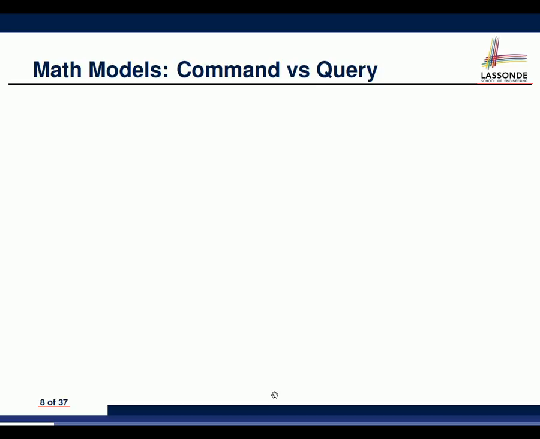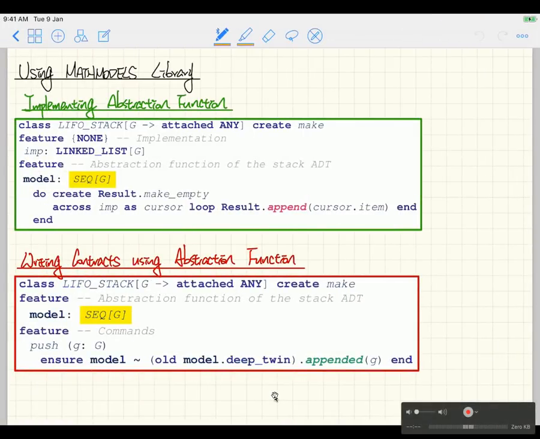A query simply means you're going to return something so you can use it in the contracts to create some Boolean expression. If it's a command, that means it doesn't return anything. So you don't really want to use the commands in the postcondition, right? That's something we said. Now I want to show you the code very quickly, and then we'll talk about how this can be applied to the stack example.